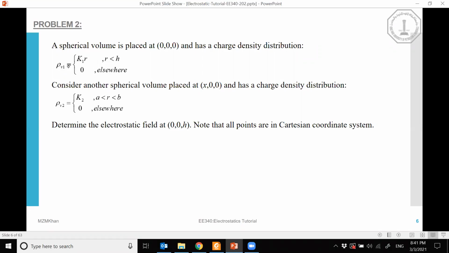First you find the electric field due to the first distribution at this point, then the electric field due to the second charge distribution at the same point, and then add them. What I did is the first half: we used this spherical volume and found its electric field at this point h. For the second spherical distribution, if time permits, we will come back and do it.